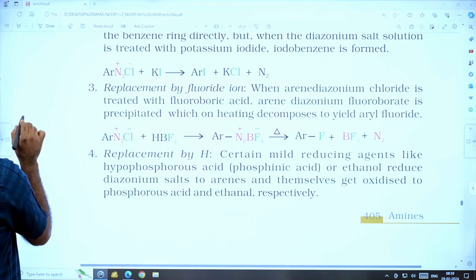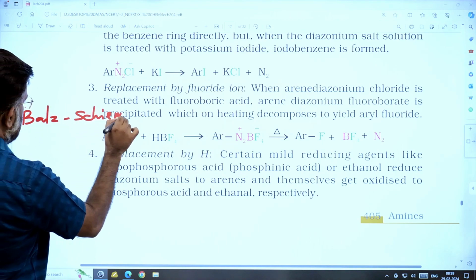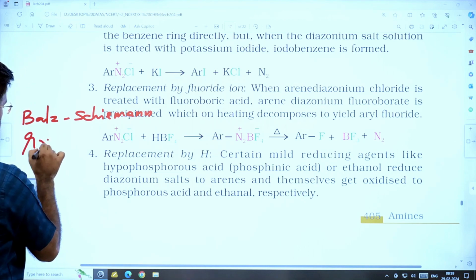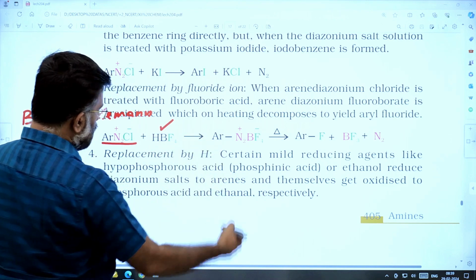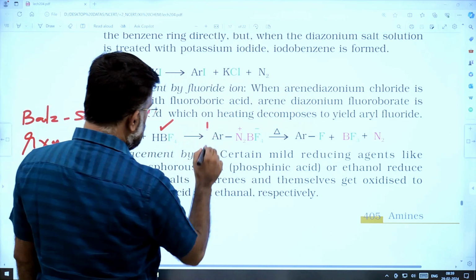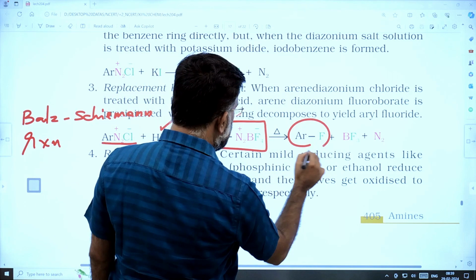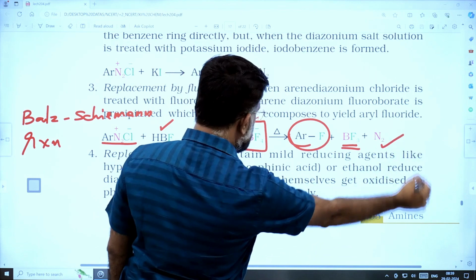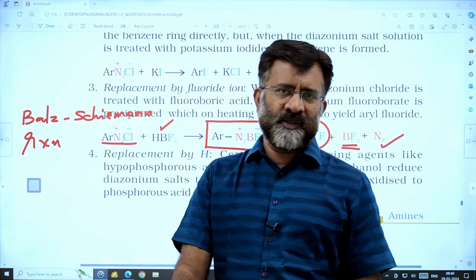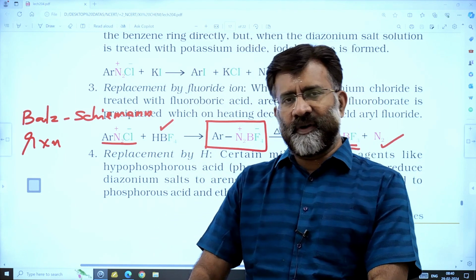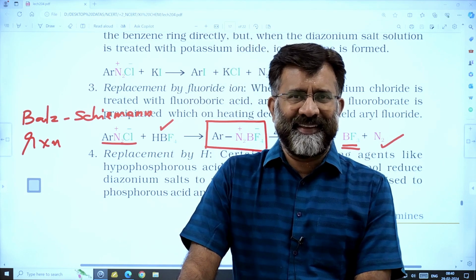Taught in the class, exactly, Balz-Schiemann reaction. Benzene diazonium chloride treated with HBF4, you get benzene diazonium fluoroborate, which upon heating you get fluorobenzene, BF3 and expelling nitrogen gas. All these reactions explained earlier in the previous chapter.